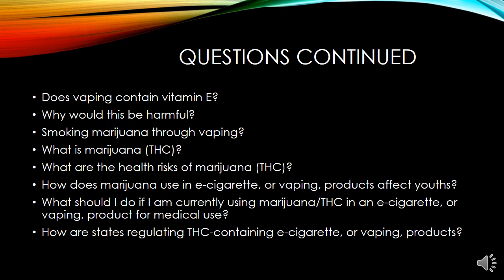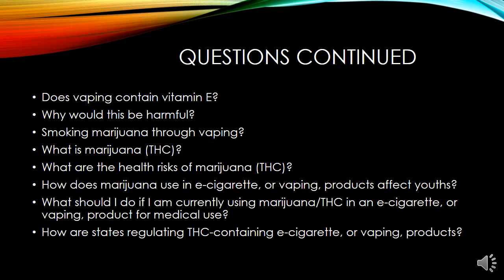How are states regulating THC containing e-cigarette or vaping products? Some states have legalized the use of THC containing vaping products for non-medical, recreational, or medical purposes. State regulations vary with regard to product pre-approval processes, ingredient requirements and/or limitations, packaging and labeling, and testing requirements and methods.